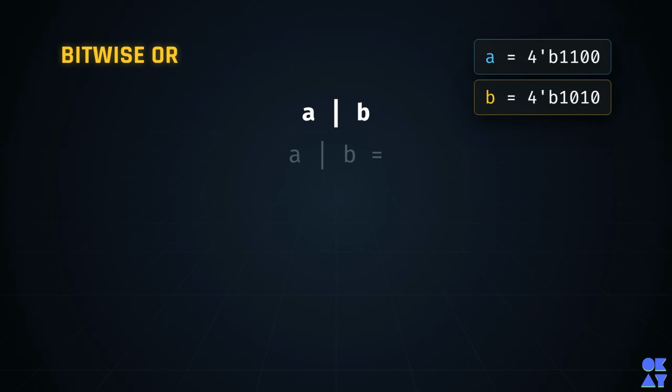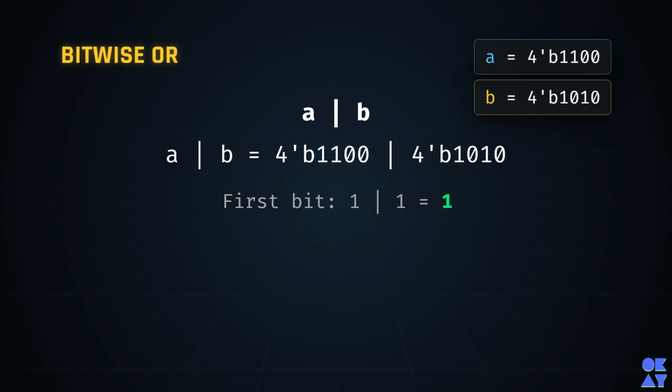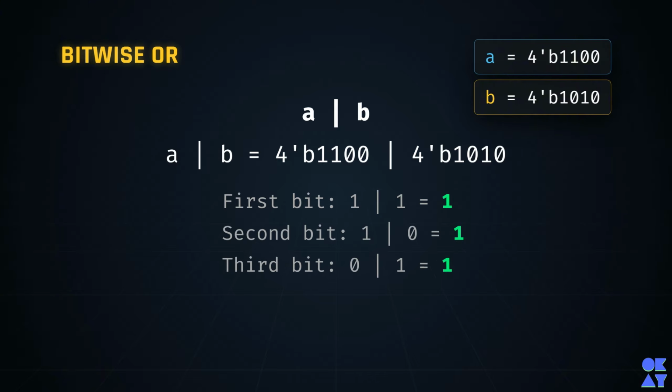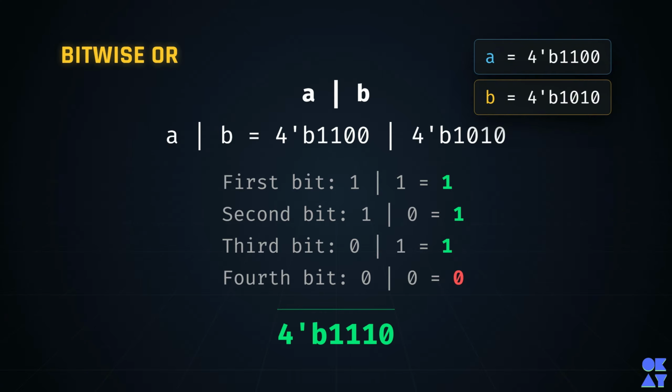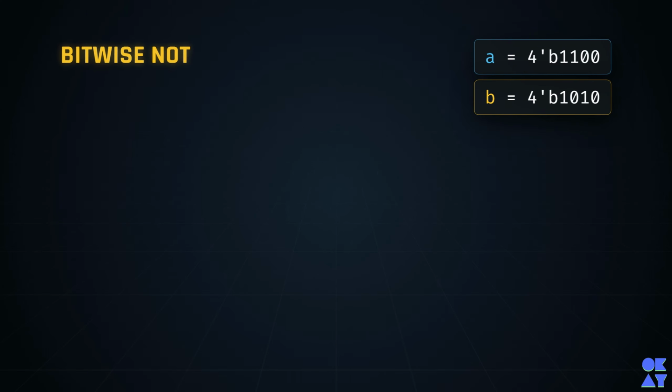Bitwise OR. A or B. So 4-bit 1100 or 4-bit 1010. 1 or 1 equals 1. 1 or 0 equals 1. 0 or 1 equals 1. 0 or 0 equals 0. Final result, 4-bit 1110. Bitwise NOT.